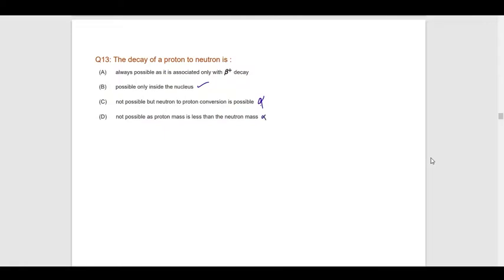No, this is not the criteria. So the only correct answer, the most appropriate answer for this question is option B.